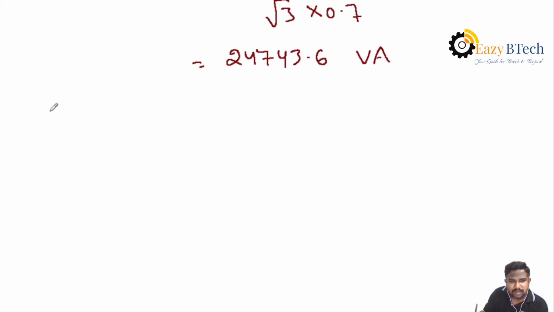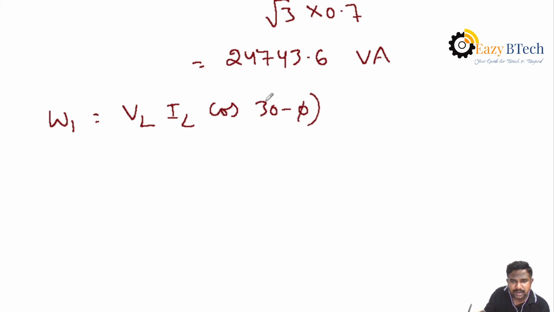Hence, find the readings of the 2 wattmeters. The first wattmeter is W1. We know the formula in terms of line values: VL IL into cos of 30 minus phi. This is the formula for one wattmeter reading.